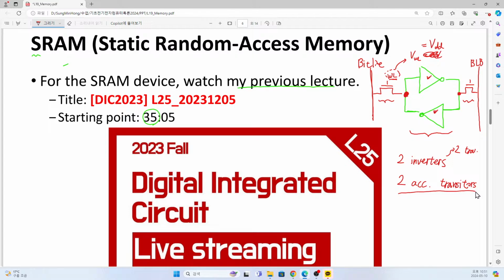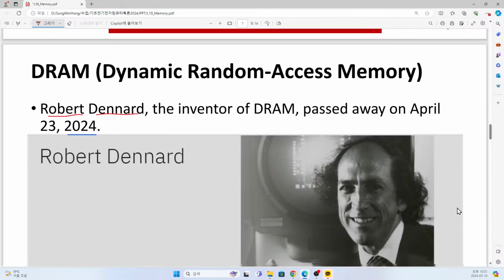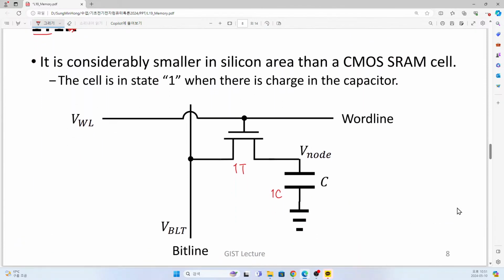So overall, the sum is 2 times 2 plus 2. So we need 6 transistors in order to statically store 1 bit. But in this way, the number of transistors is reduced to 1.